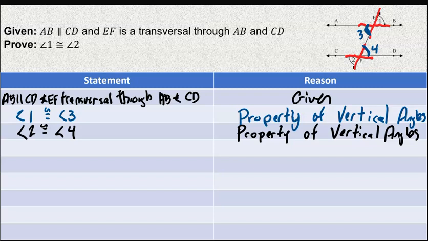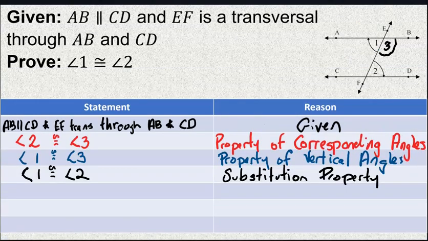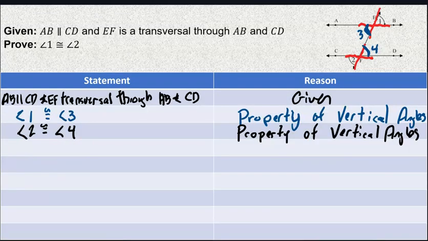Now, what I want to do is I want to use my previously proven definition, where I proved that alternate interior angles, such as these, are congruent. So I created that same situation here. These are alternate interior angles on both sides. So now what I'm going to state is that angle 3 and angle 4 are alternate interior angles.